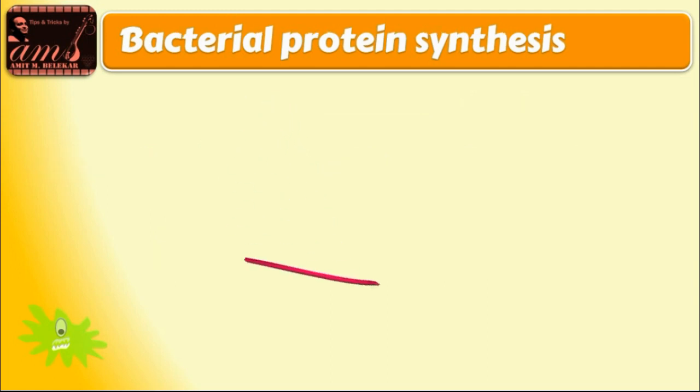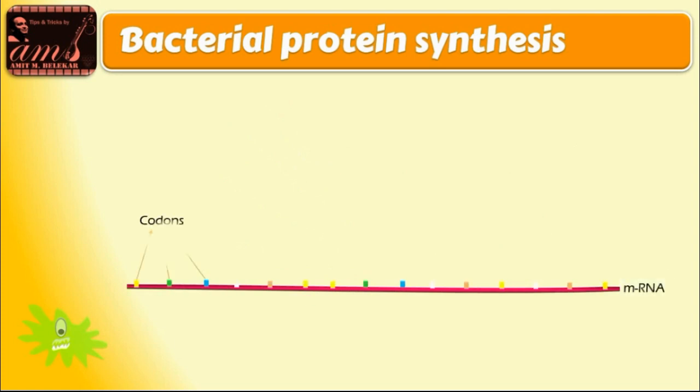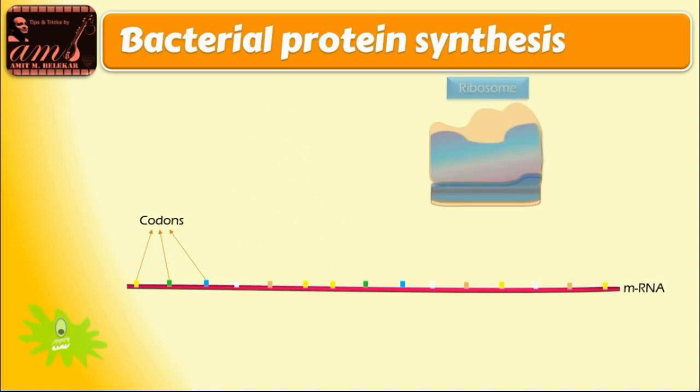mRNA has codons on it to arrange the amino acids in sequence to synthesize proteins. Ribosome is responsible for reading these codes and attaching amino acids in sequence to synthesize proteins.